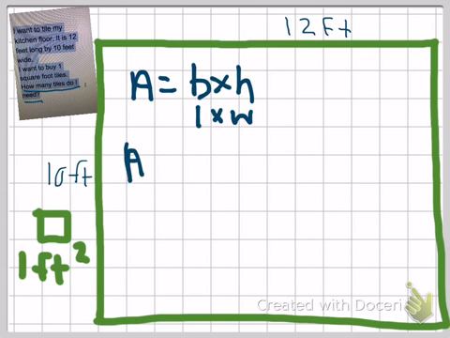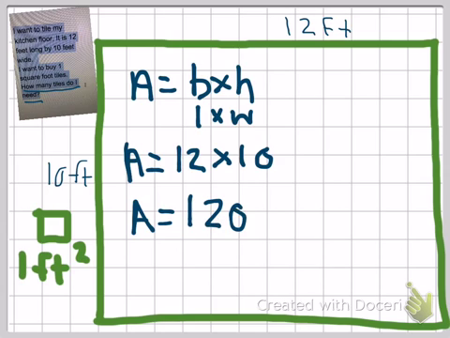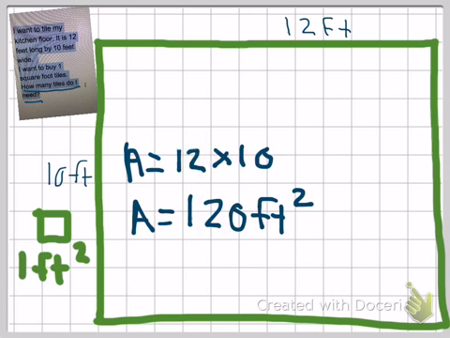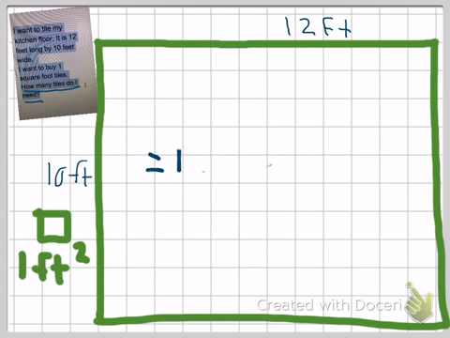So our area of our rectangle is equal to 12 times 10, and some quick math in our heads would mean that it would be an area of 120 feet square. All right, so I'm going to write that off to the side because we're going to need that number, 120 feet square. Okay, so I'm just going to jot it down here.